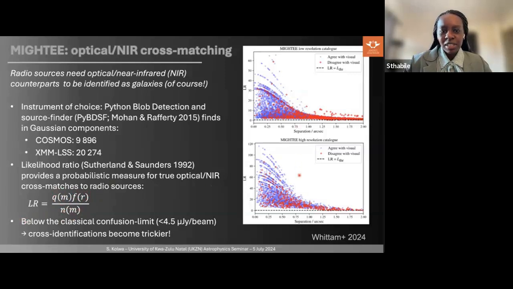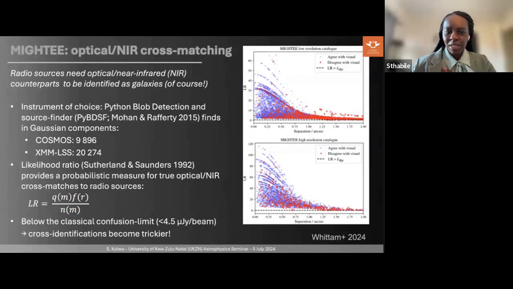And this has been done for the COSMOS field as a pilot study. The likelihood ratio was applied, and this allowed us to successfully find cross matches up to roughly 1 arcsecond on the low and high resolution images in our catalog.